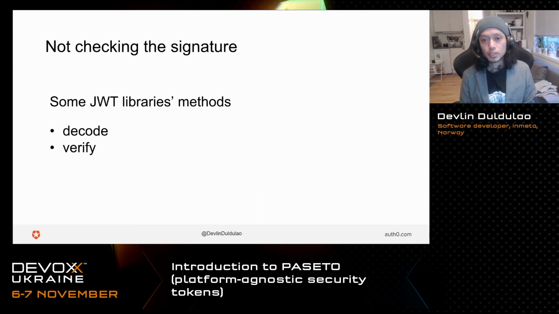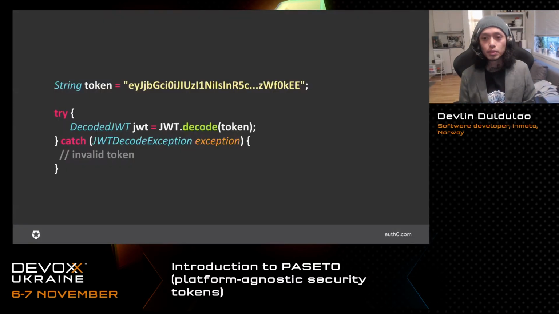One would be not checking the signature. Some JWT library methods here are decode and verify. We all know decode is just going to decode the token without verifying it, getting the claims or the payload of the token, but not really checking whether it comes from a reliable source.